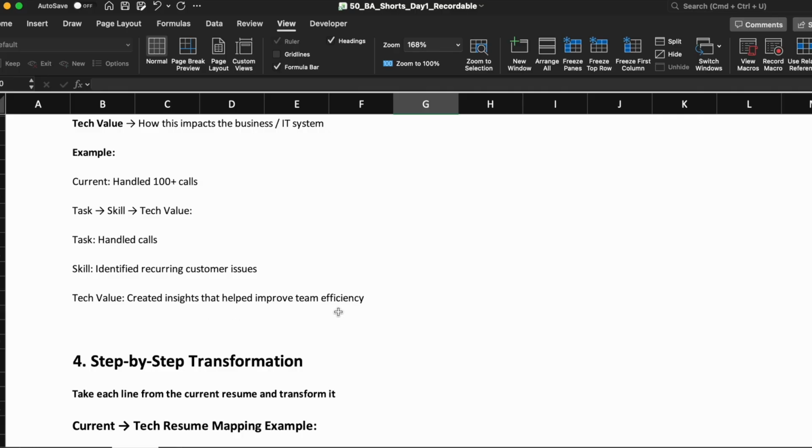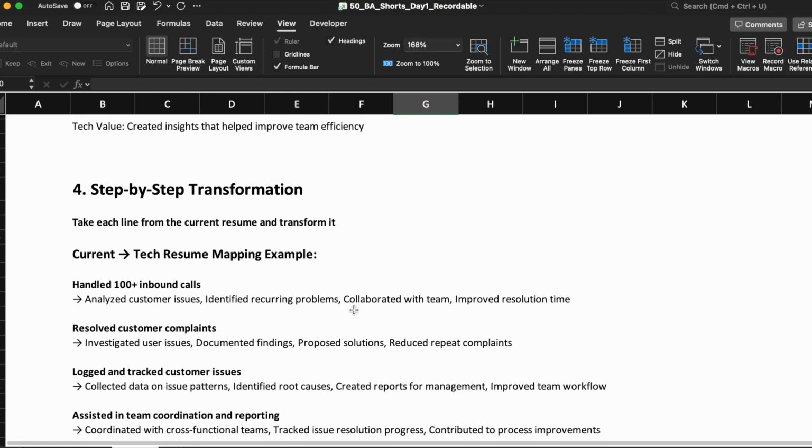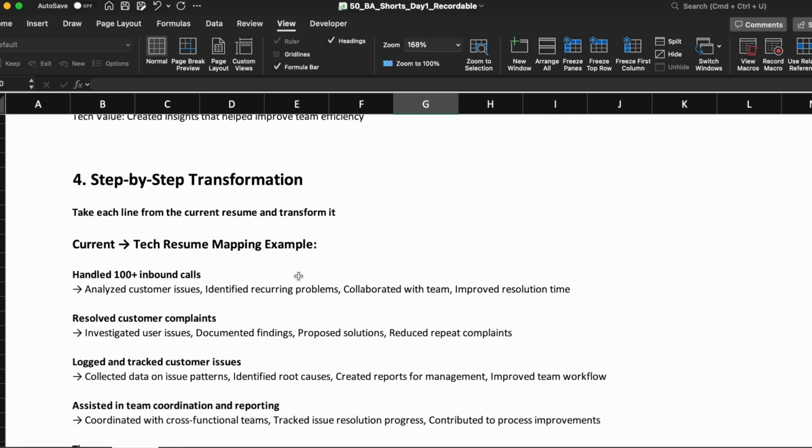In the same line, how do you map it, right? Created insights sounds more meaningful, right? Created insights that help improve team efficiency. So let's do the step-by-step transformation with the current versus the future business analyst role.